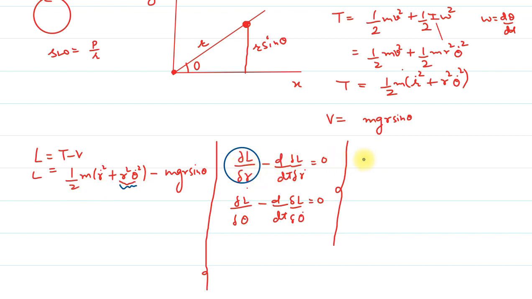I hope you can find ∂L/∂r. It is m r theta dot square minus, from mgr sin theta, where r is also there, so we simply write minus mg sin theta. So this is the value of ∂L/∂r.